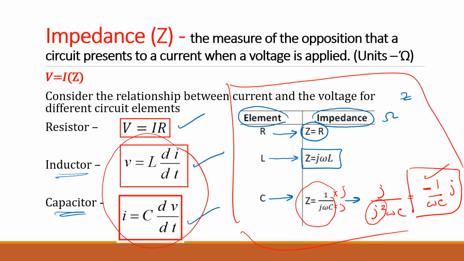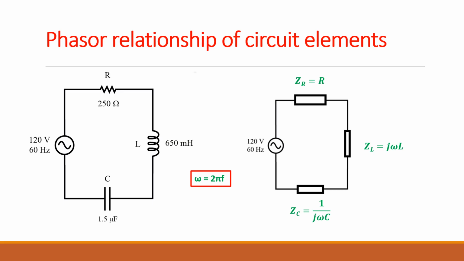Okay, so how can we convert this? I'll give you a few minutes. Can you convert these to impedance? So 250, when you convert it to impedance, will be just 250. Am I right? And how do you convert this to an impedance? j omega L. So what is omega? Frequency is given to you as 60 Hertz.